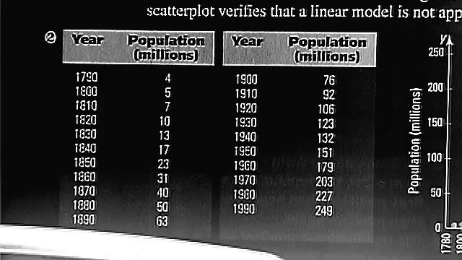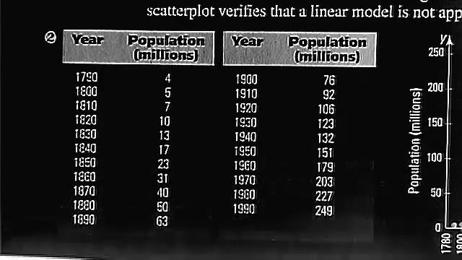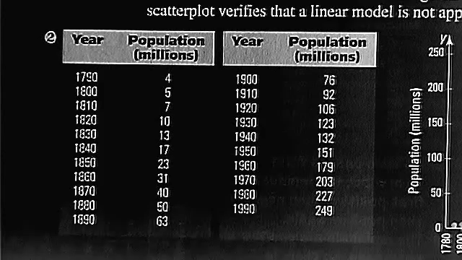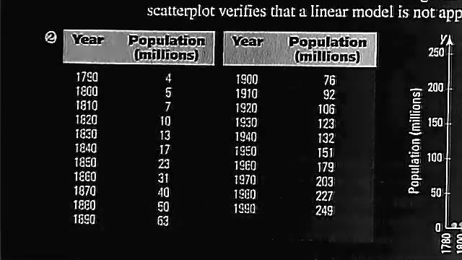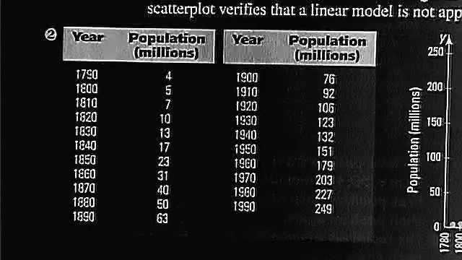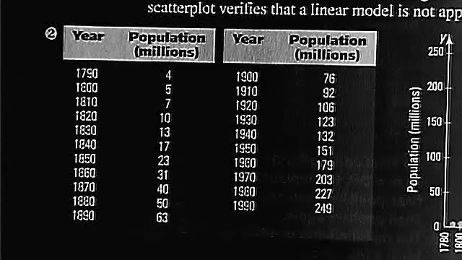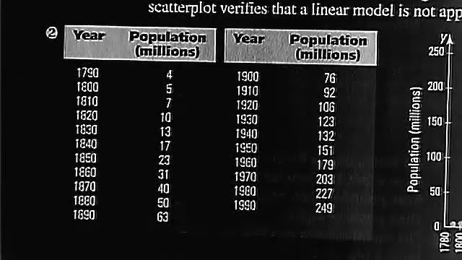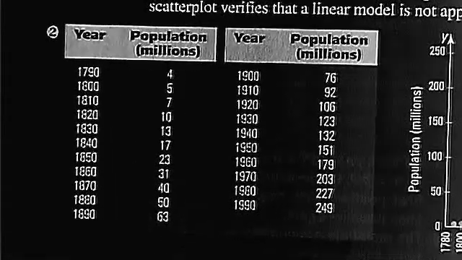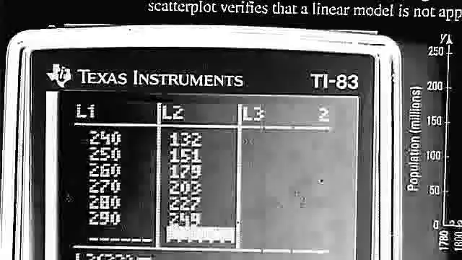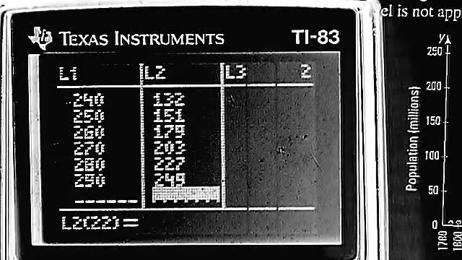And some of you are celebrating right now because you are faster at texting than I am. 1, 2, 3, 1, 3, 2, 1, 5, 1, 7, 9, 203, 227, 249. Okay, so we got all our data in the calculator. There it is.